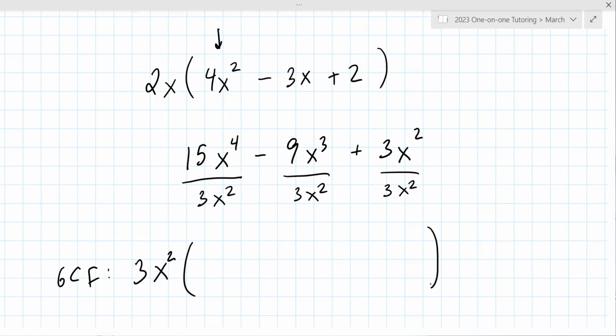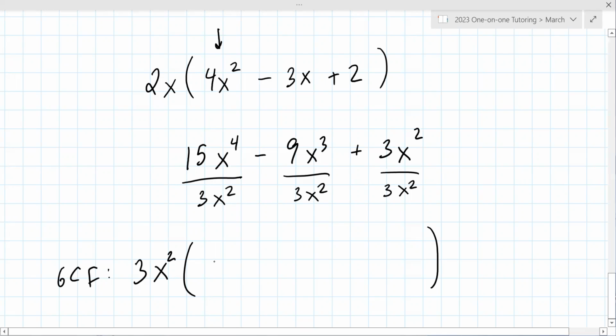Two. So 15. So x squared. And then the second one would be a minus, right? Yes.